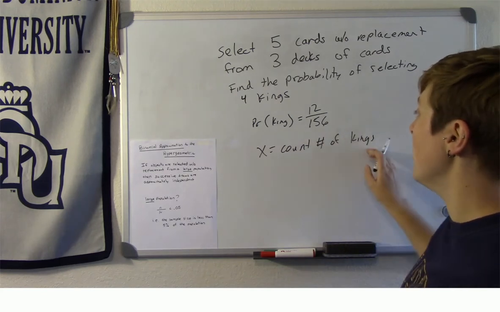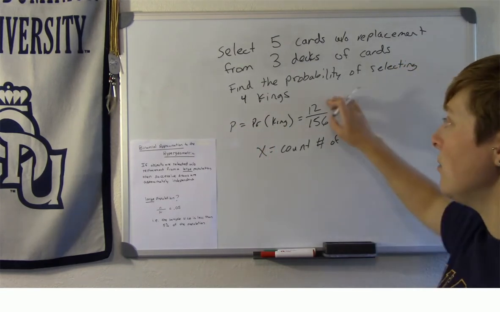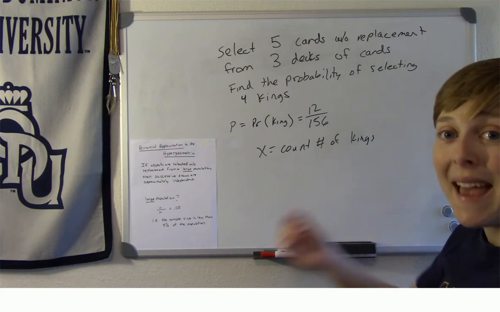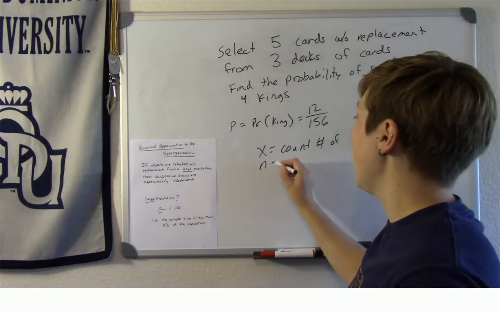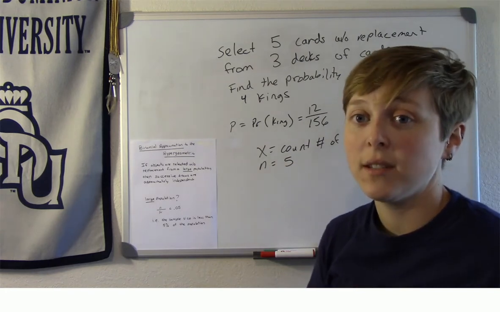P, the probability of success, will be the probability of getting a king, which is 12 over 156. The number of trials, n, is 5. We're selecting 5 cards.